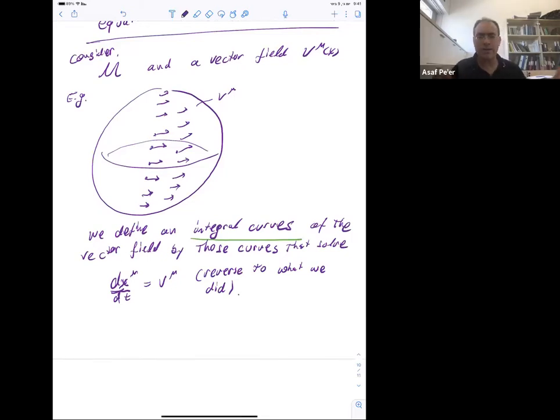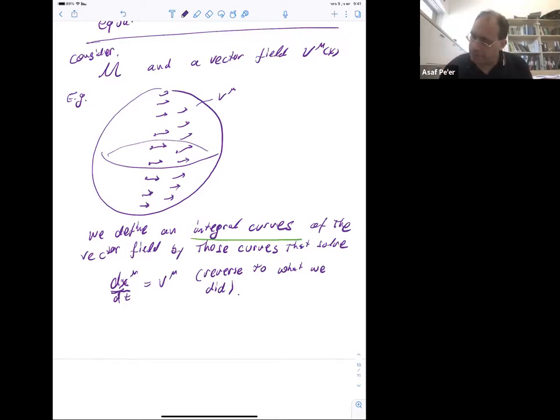Now we can always do that as long as we have a nice manifold, no edges, no sharp spikes or anything, any well-behaved manifold, any physical manifold.